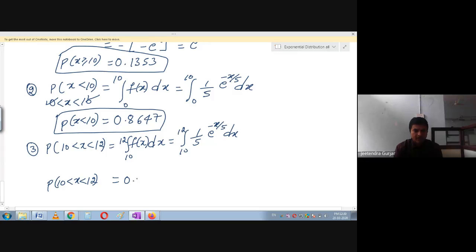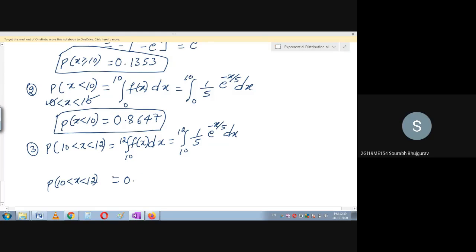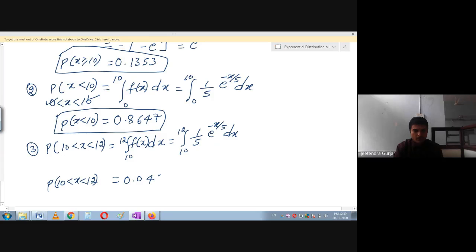I think everybody got the answer. 0.04467 is the correct answer. So like this, you have to calculate the probability over the exponential distribution, student.